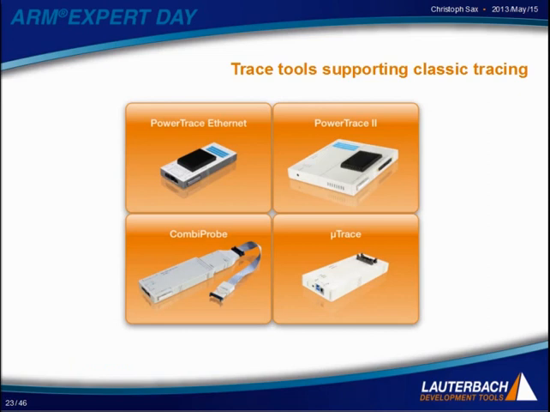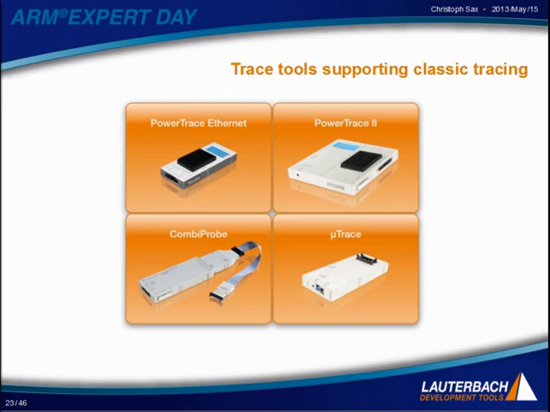We offer four kinds of trace tools. We have the PowerTrace Ethernet, which is a standalone trace tool which doesn't require an additional debugging tool. Then we have the PowerTrace2, which has a faster interface, but requires one of our debug tools.